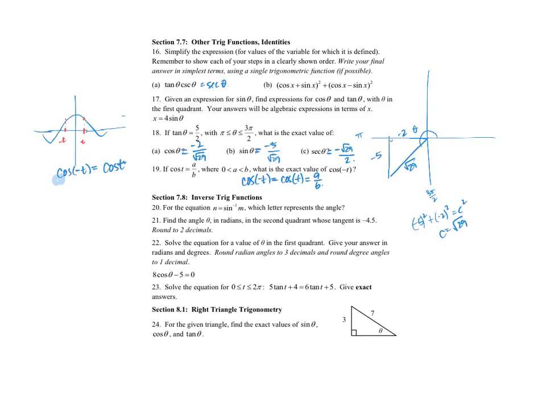Then for the inverse trig functions. For the equation n equals sine inverse of m, which letter represents the angle? And so I have to think about what sine and sine inverse do. So I know that sine takes inputs of angles and gives an output of ratios of sides of triangles, or you could think of it as the y coordinate on the unit circle.